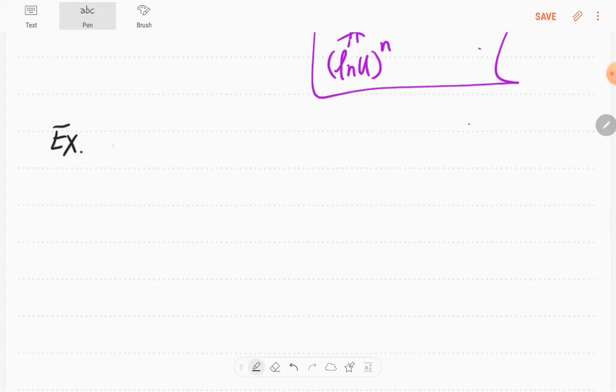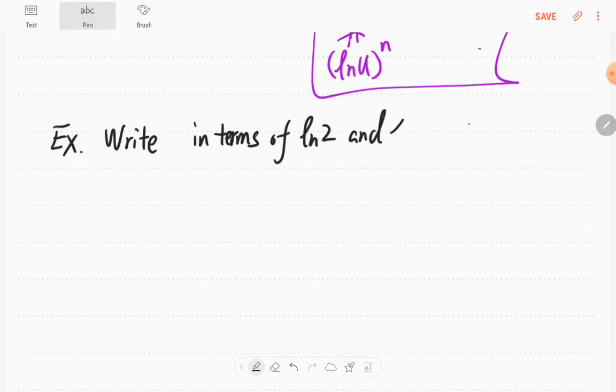So the first example, we want to write the following expression in terms of log 2 and log 3, ln 2 and ln 3.